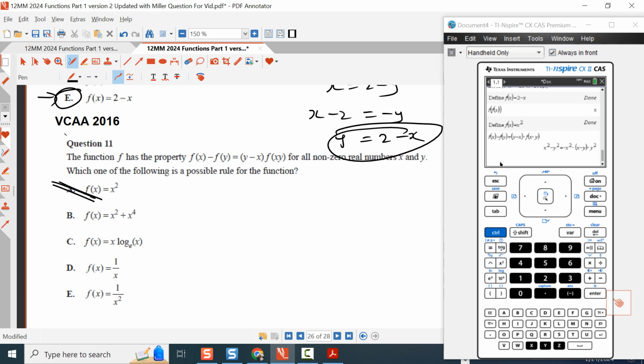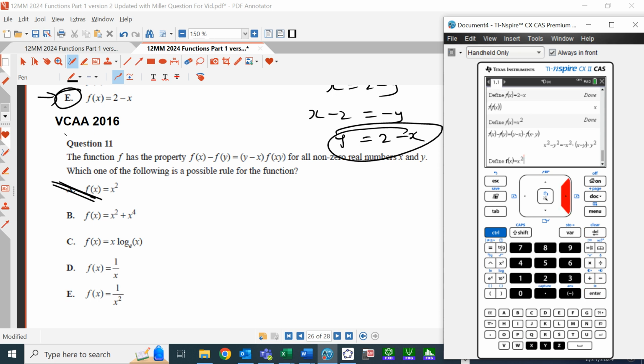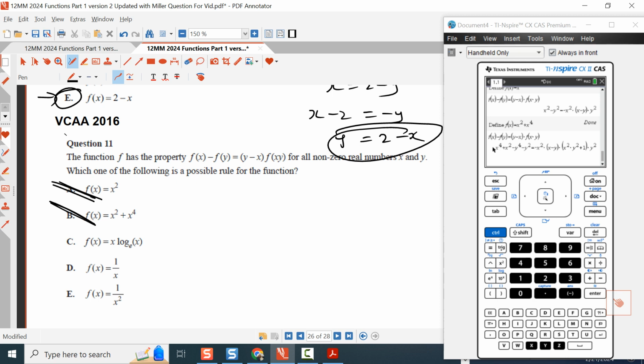So all we do then when this question comes up is I just go up, up, up, and just choose the next one. So x to the 2 plus x to the 4. And just copy the functional identity in. No, afraid not.